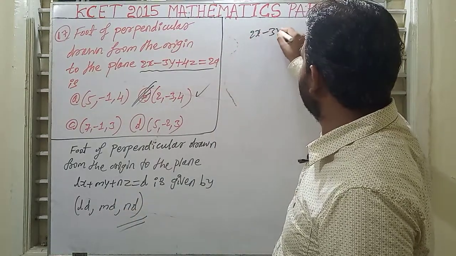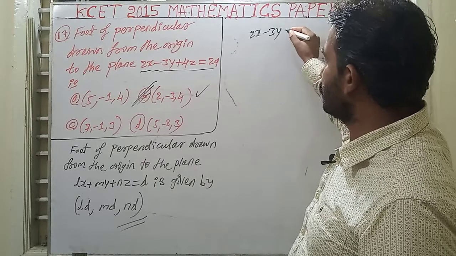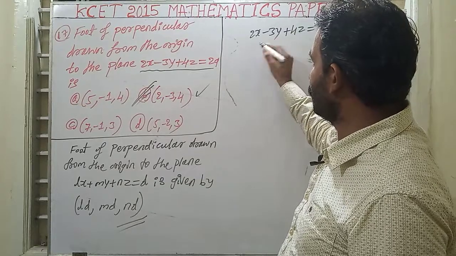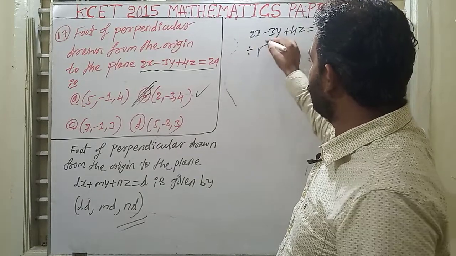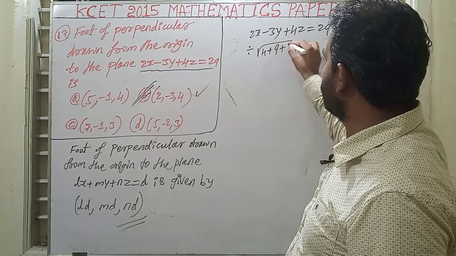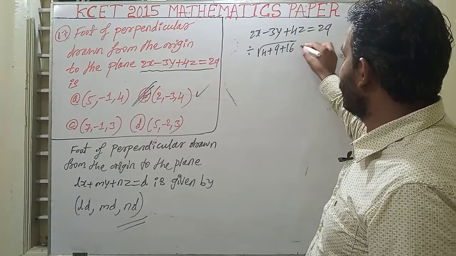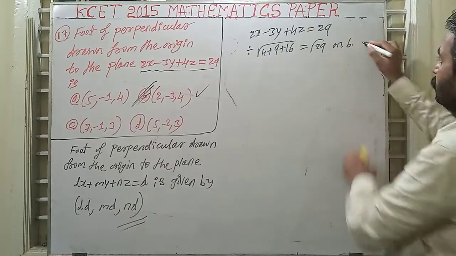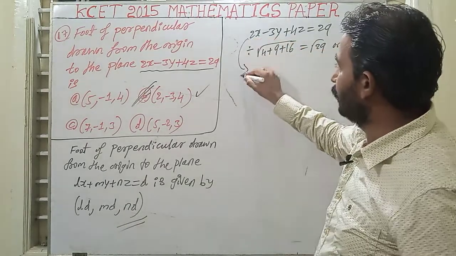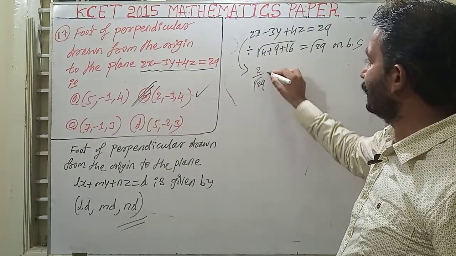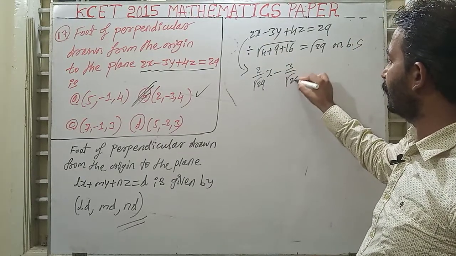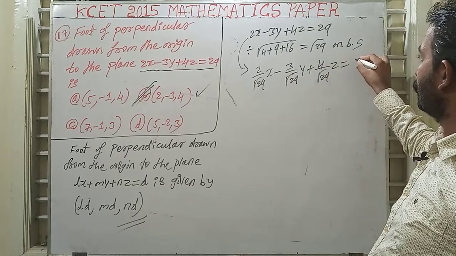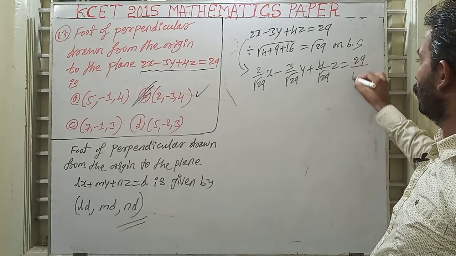First we convert the general form of the plane equation 2x - 3y + 4z = 29 into normal form, by dividing both sides by the square root of 2 squared (4) plus (-3) squared (9) plus 4 squared (16). 4 plus 9 plus 16 is 29, so root 29 on both sides. Then we get the normal form: 2 divided by root 29 x minus 3 divided by root 29 y plus 4 divided by root 29 z is equal to 29 divided by root 29.